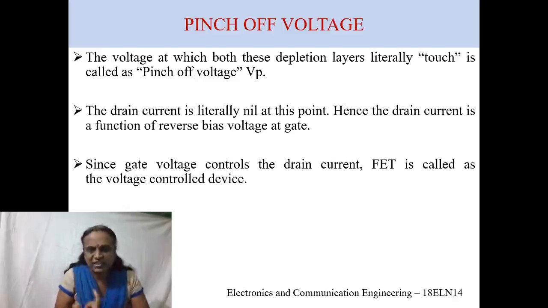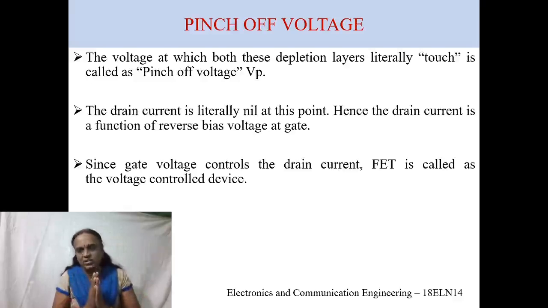Here there can be a possibility of a question asking why we say that FET is a voltage controlled device. FET is called a voltage controlled device because the depletion region just touches, and at that particular voltage where exactly the depletion regions touch each other and the path is closed for the drain current to flow, the drain current is exactly zero.